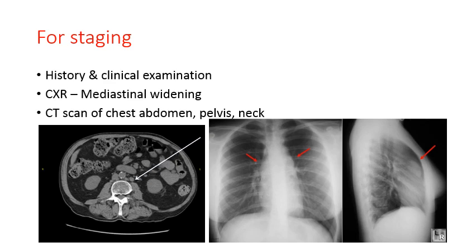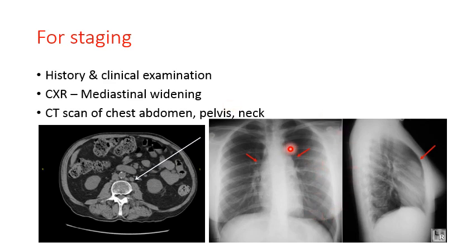Now further investigations are required for staging. I have given the various types of staging. Certain features are obvious in clinical examination, but features like mediastinal or para-aortic nodes are not obvious in clinical examination, and for that you need radiological investigations like chest X-ray, CT of chest, abdomen, pelvis and neck, and MRI scan.